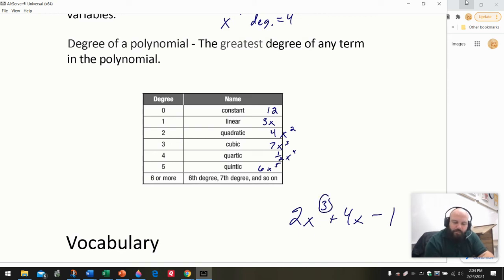It's called a cubic because the highest power is 3. And it would be called a trinomial because it has 3 individual terms, the 2x cubed, then the 4x, then the minus 1. So the classification would be a cubic trinomial.